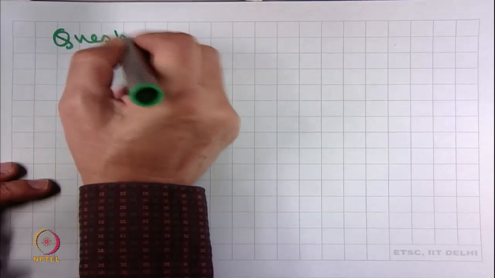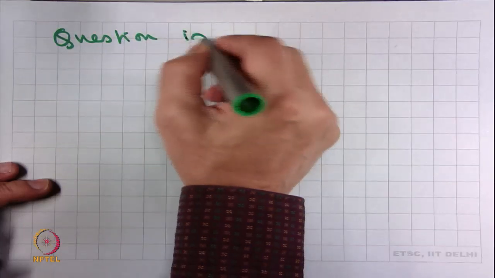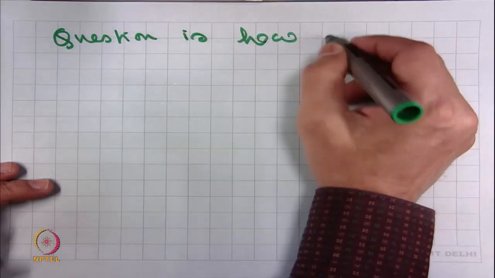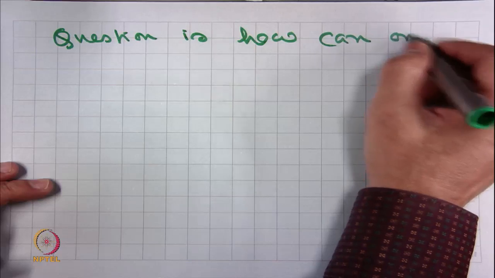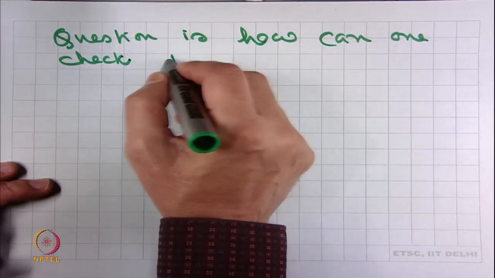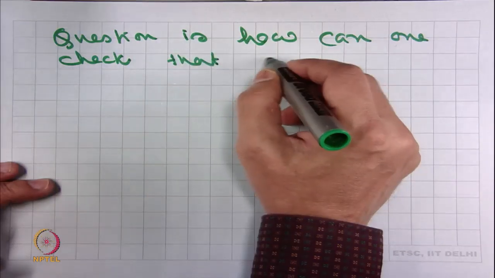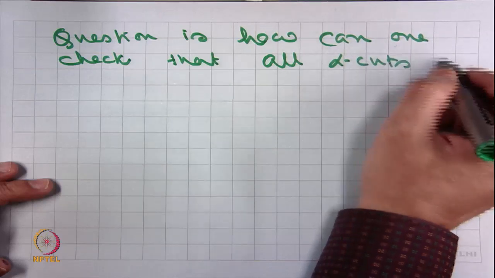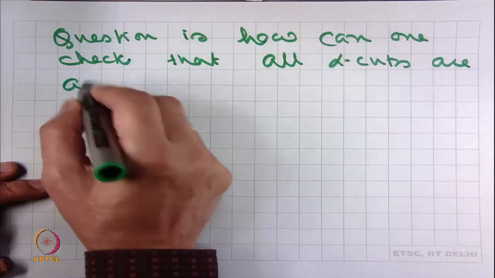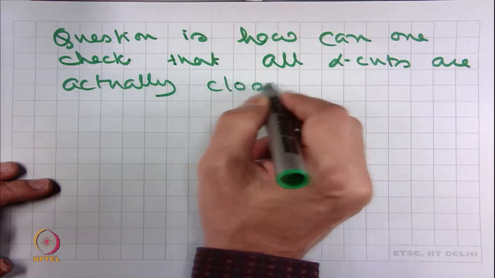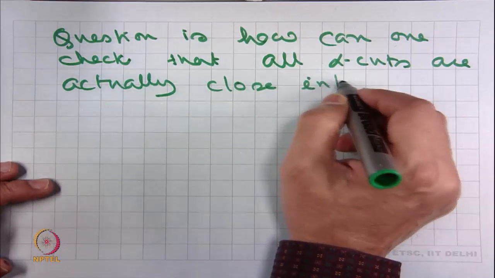The question is, how can one check that all alpha cuts are actually closed intervals?